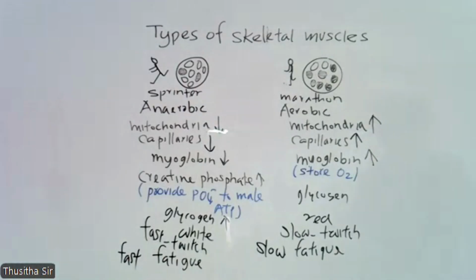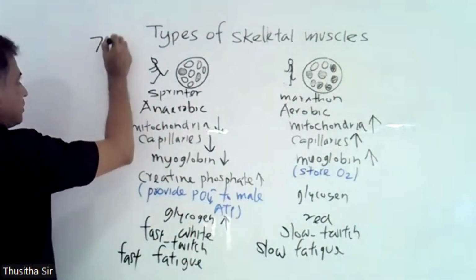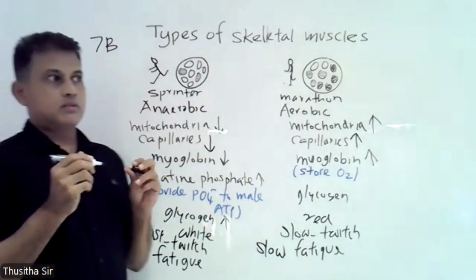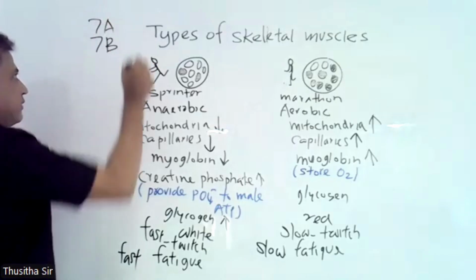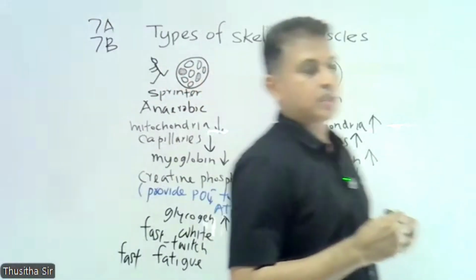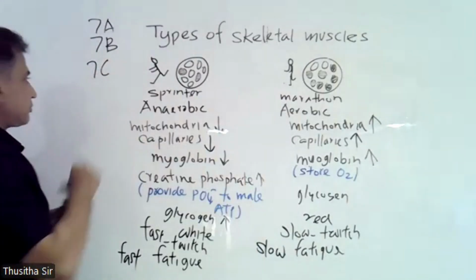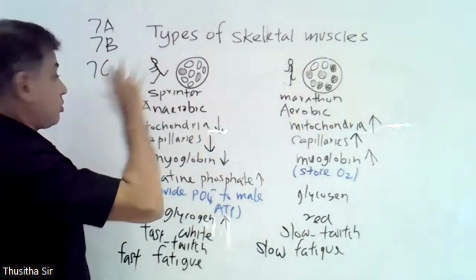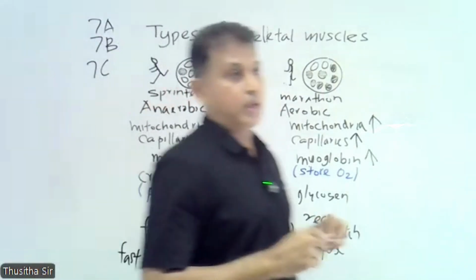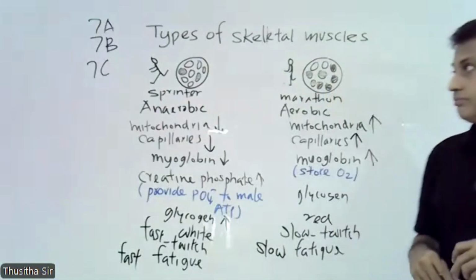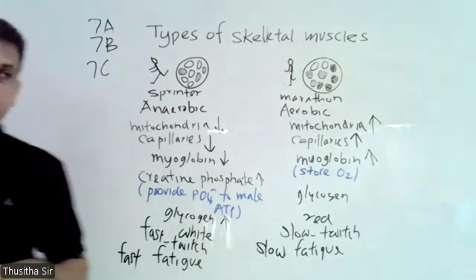Okay, now with this lesson, we are actually finishing 7b. 7a is the respiration, 7b we're going to finish. So what is left is 7c, right? Not finishing 7b, we still have to learn about the heart muscles, a small part, right?